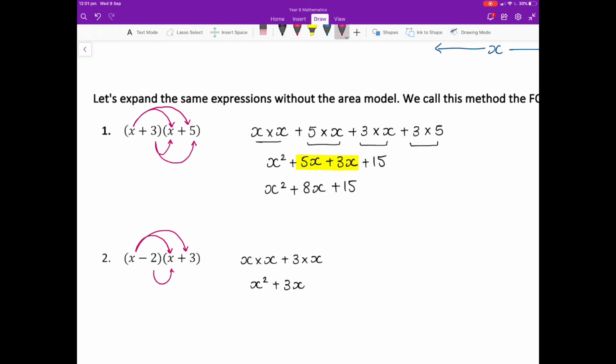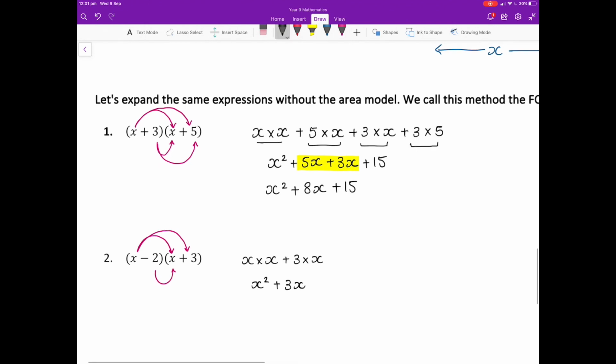Then negative 2 times x is going to give us minus 2x. And then negative 2 times positive 3 is going to give us negative 6.